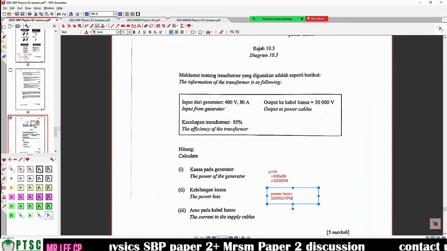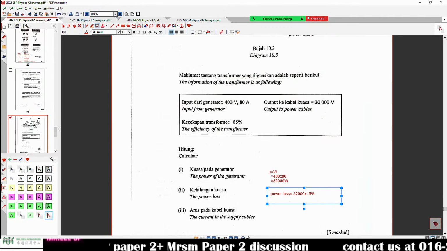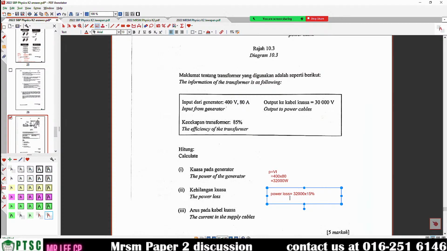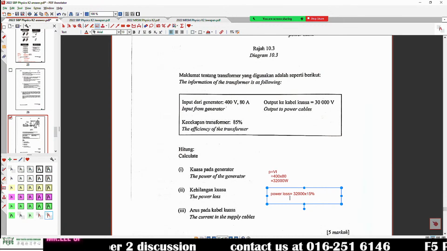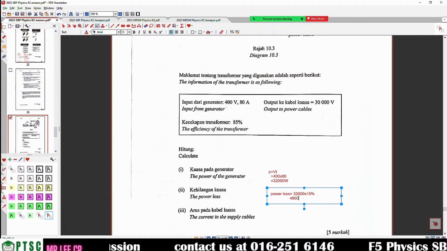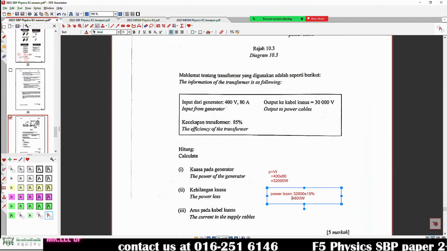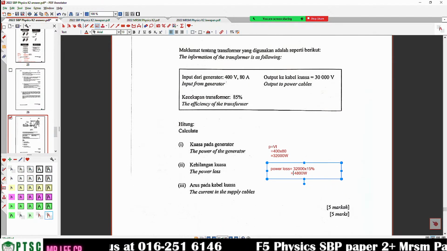Very good, I like this kind of answer. So the power loss is 4,800 watt. I kept wanting to find the current and everything like that.